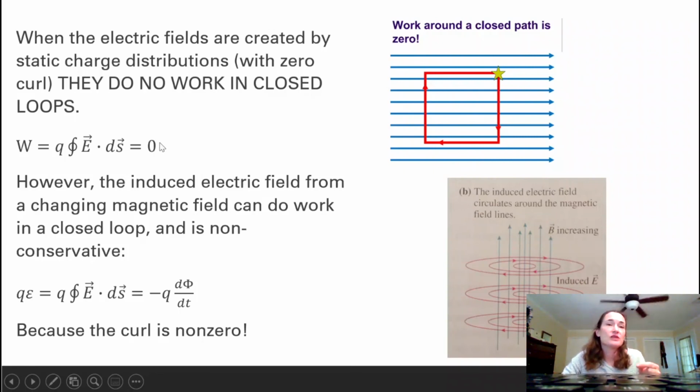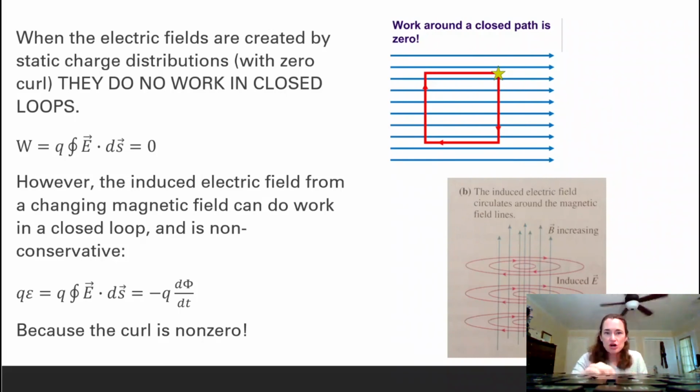That means that when the electric field is due to a static charge distribution, it's a conservative force, F equals QE, okay? But if you have an electric field that's been induced from a changing magnetic field, work can be done in a closed loop, and it's non-conservative work. If you've got a circuit, this makes sense, I think, intuitively.